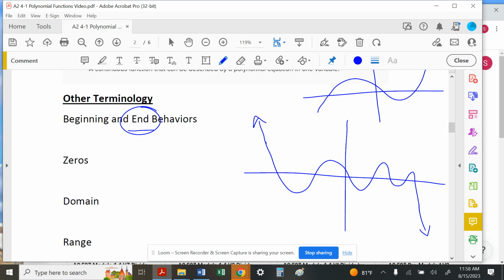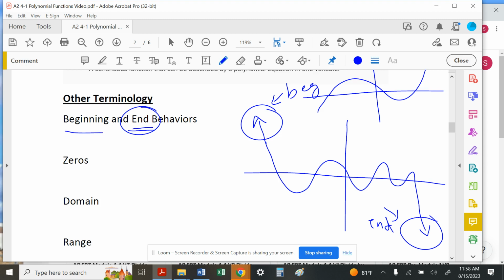But basically, this is the end, and this is the end. Well, I think that gets confusing. So I'm going to be calling this the end, and I'm going to be calling this the beginning. So that's the beginning behavior. At the other side is the end. So you can see at the beginning, the function starts one way, and then it continues all the way down to the end. So we're going to be doing it as the beginning and the end behaviors.